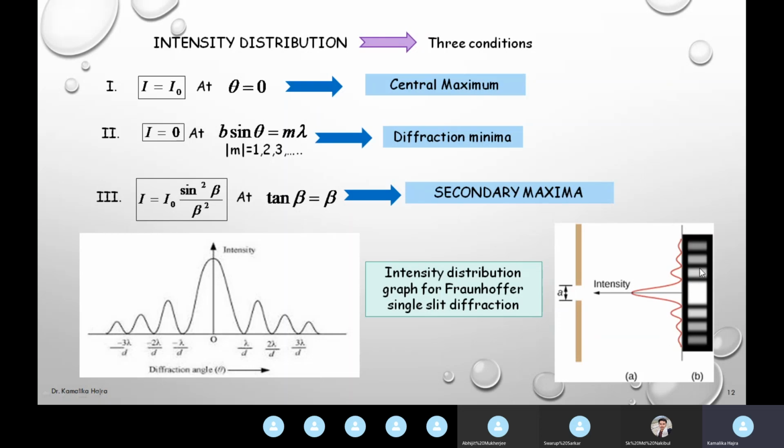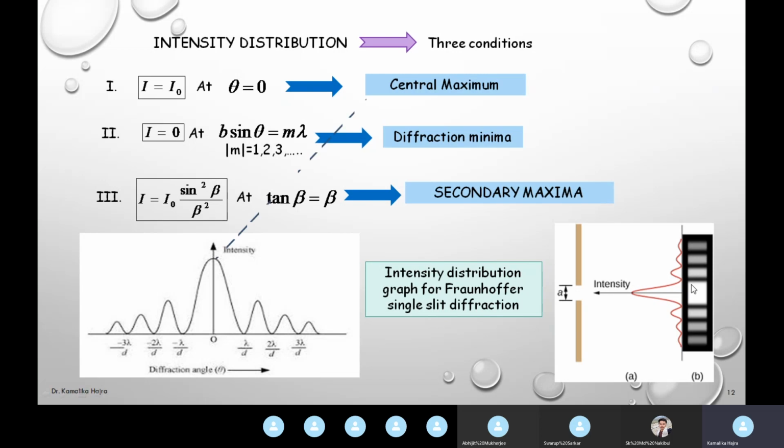The secondary maxima, even if present, are so feeble that we cannot distinguish them from the positions of the minima, and the central maximum has the same value as the incident light. So in general, when we have a large slit, diffraction is of course occurring because light is still facing an obstacle, but we do not see it because we see only the central maximum.